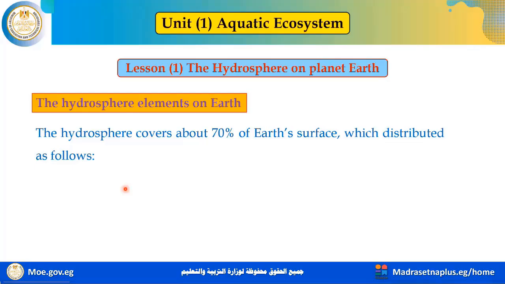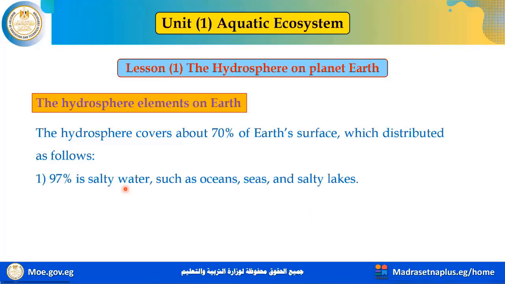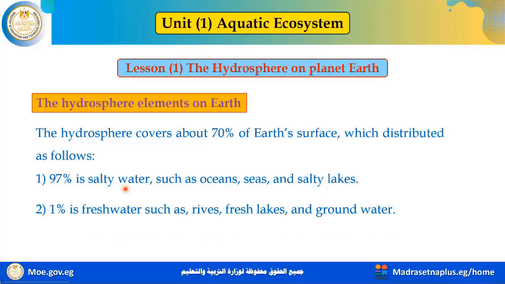Yes, excellent. 70% of the Earth's surface. And this is distributed as follows. 97% is salty water, such as oceans, seas, and salty lakes. And only 1% is fresh water.